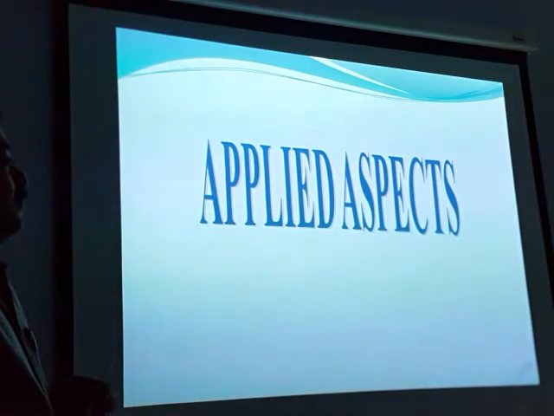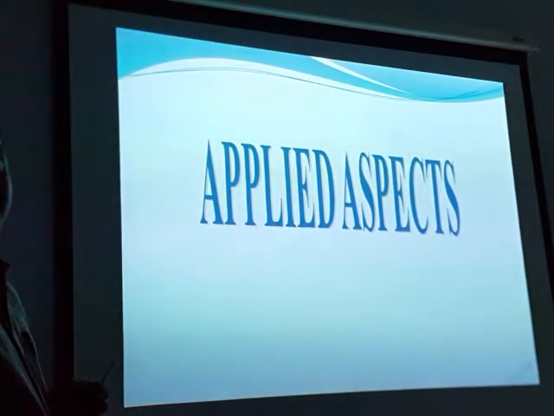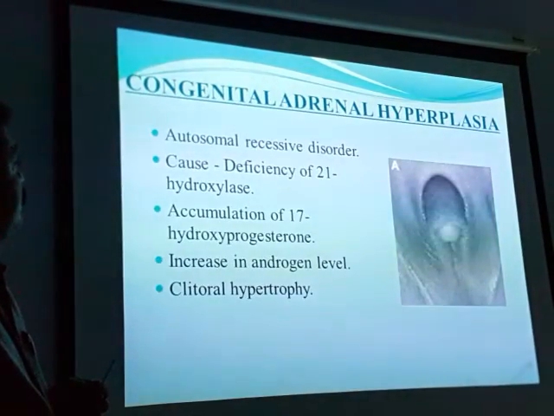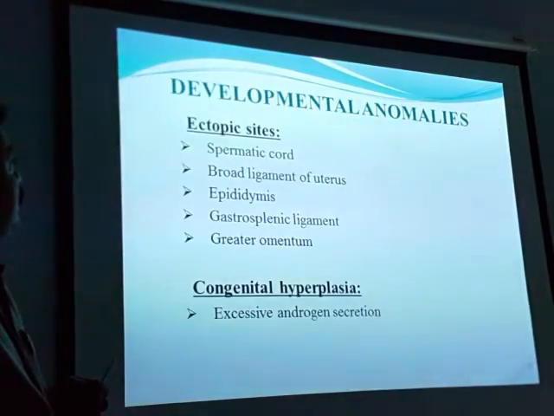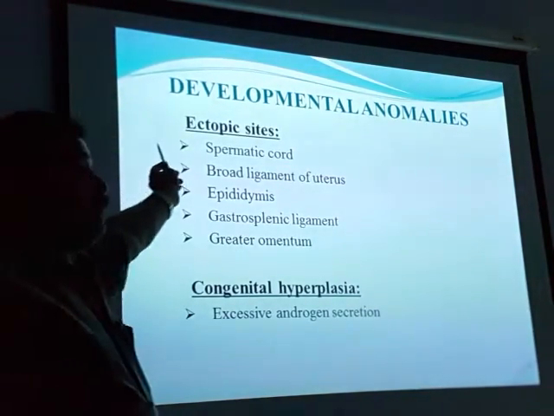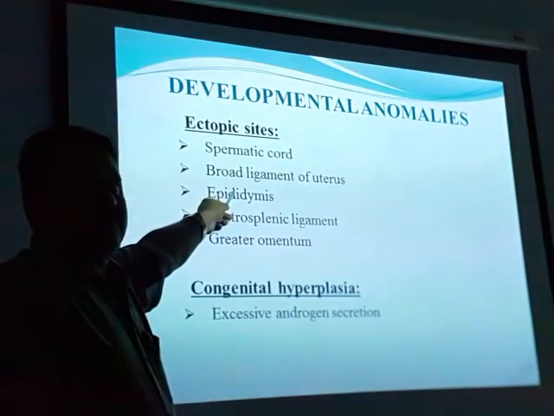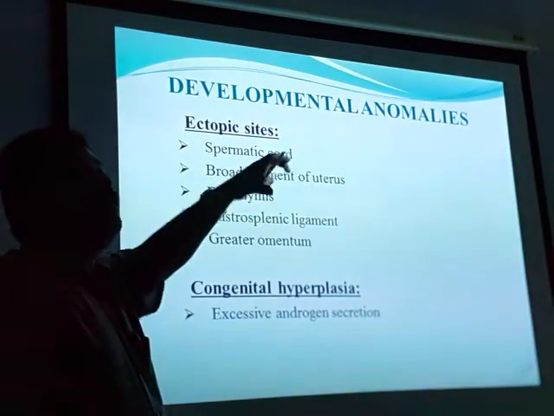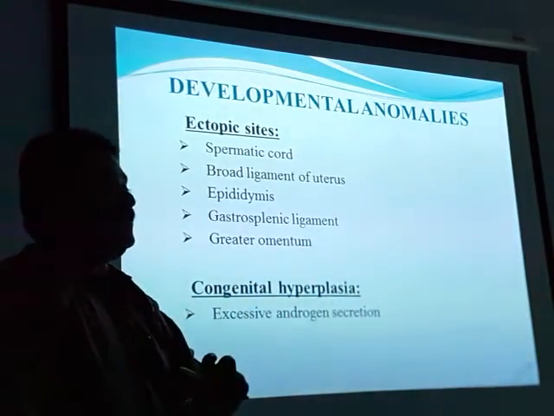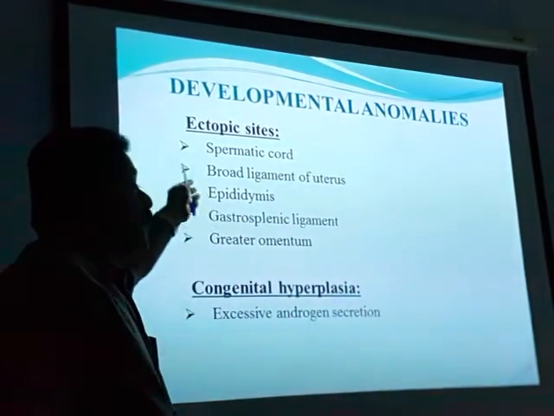Next is the applied aspect, applied anatomy. Developmental anomalies of the suprarenal gland, that is ectopic sites. Apart from the normal place, it may be present in different locations in the body, so we call them ectopic sites.